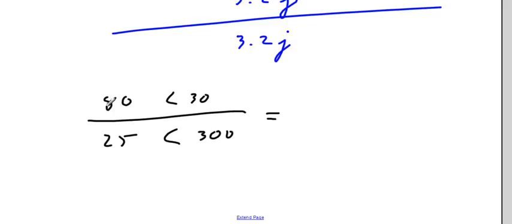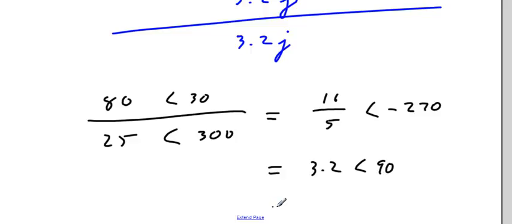And 5 goes into the top 16 times, so 16 divided by 5, and at an angle of minus 270. And I recognize that as 3.2 angle 90. And I change that to rectangular form, 3.2J. Okay.